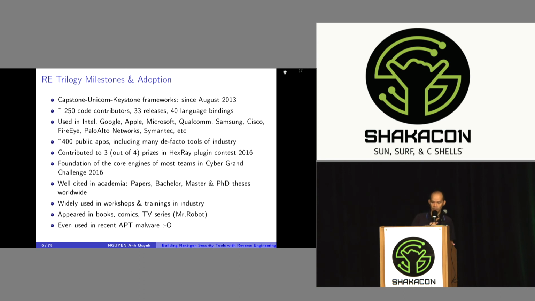The trilogy is widely used in many big companies like Intel, Google, Apple, Microsoft, Qualcomm, Samsung, Cisco, FireEye, Palo Alto, Symantec, and a lot of others. On top of this trilogy, the community built about 400 public security tools. For those not public, I don't know. And among these 400 tools, many have become de facto tools for the industry.